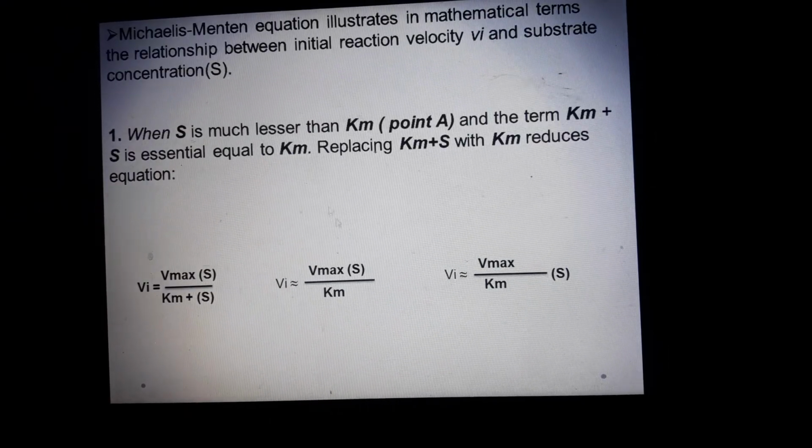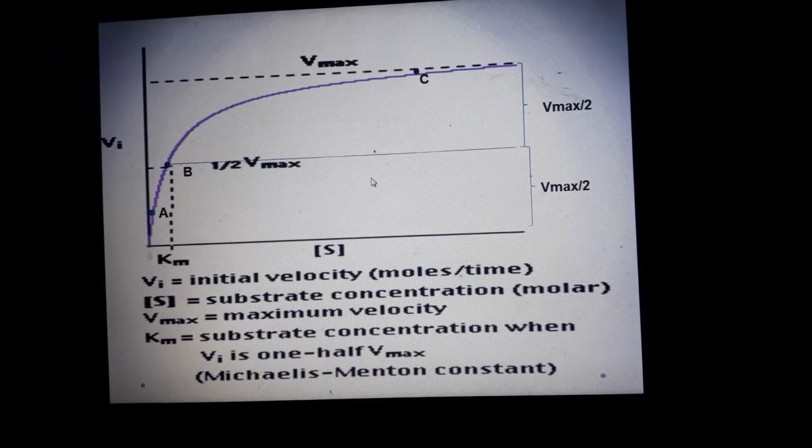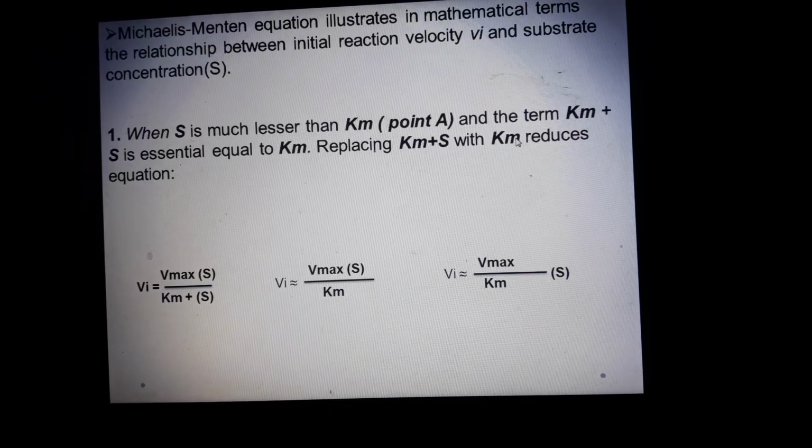Okay? The Michaelis-Menten equation illustrates in mathematical terms the relationship between the initial reaction velocity Vi and the substrate concentration. When S is much lesser than Km, point A, the term Km plus S is essentially equal to Km. Replacing Km plus S with Km reduces the equation.